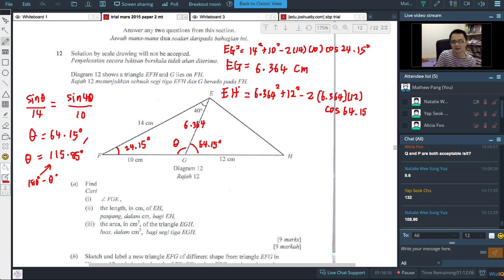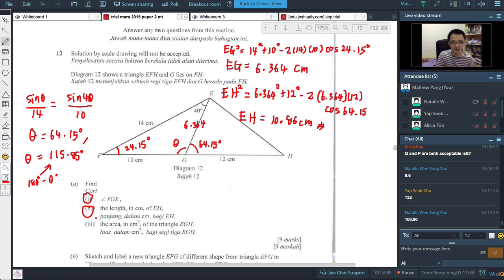Then you have to square root your answer. I get 117.9. I square root it, so it will be 10.86 centimeter. Okay, then you're done with the second part.